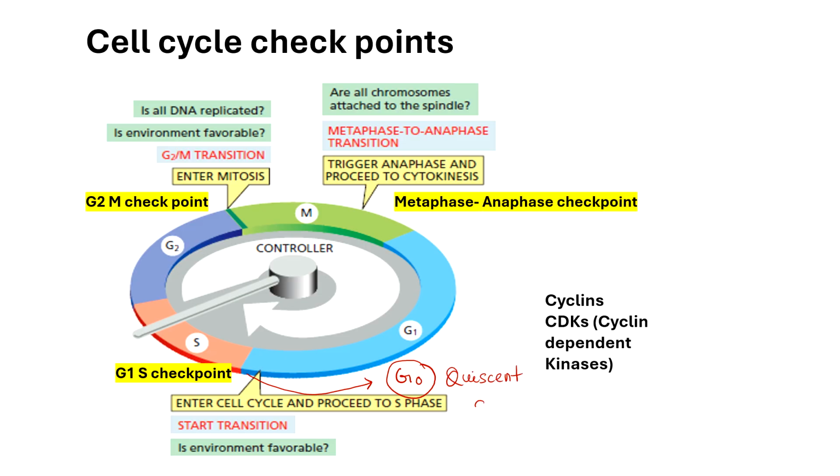The cell exits the G1 stage here. The cell does not exit the cell cycle. It just exits the G1 stage and becomes temporarily inactive.